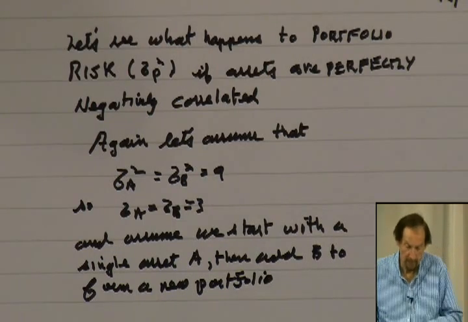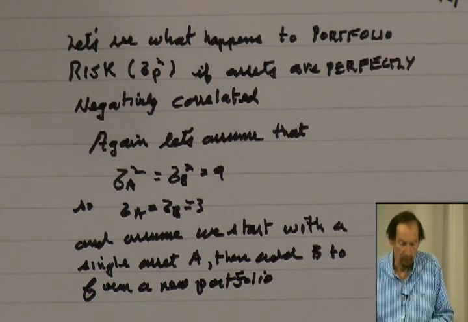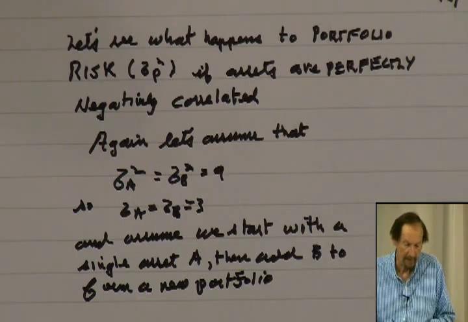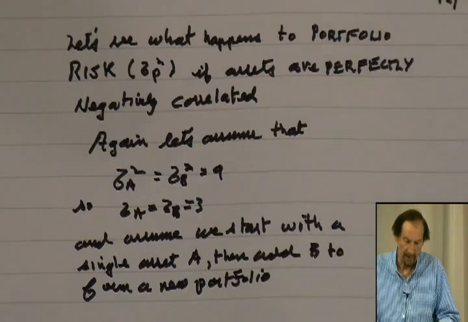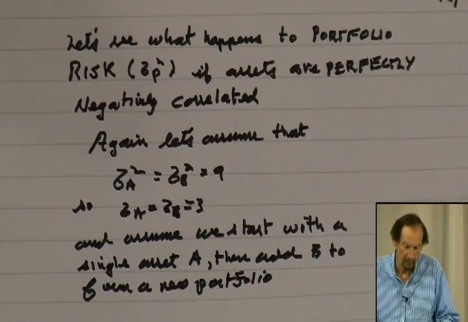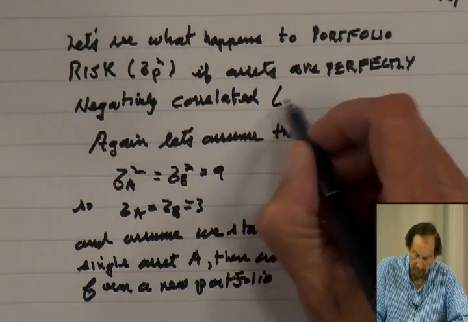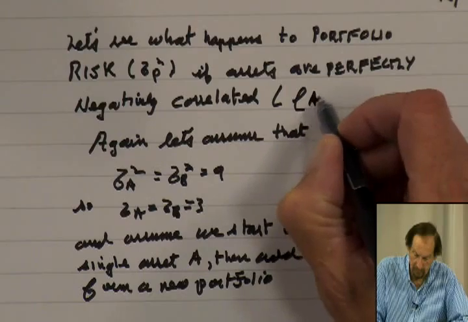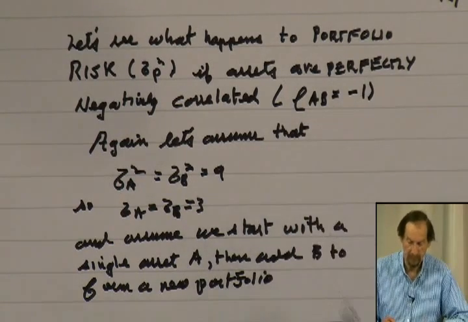So we start with a portfolio consisting of precisely one asset. Then we want to add another asset to it. And we want the two assets to be perfectly negatively correlated. So this is rho AB equals -1.